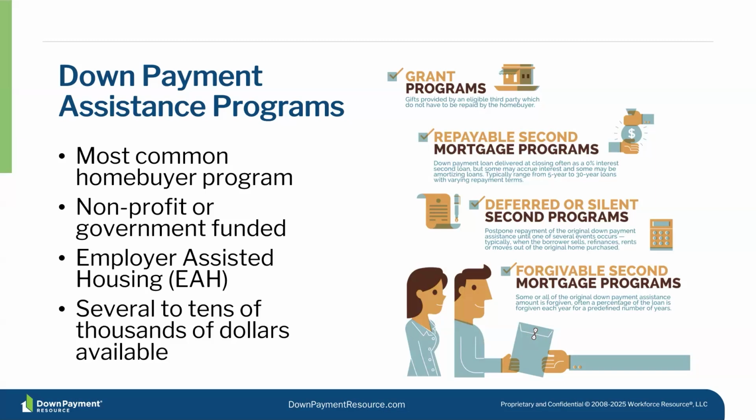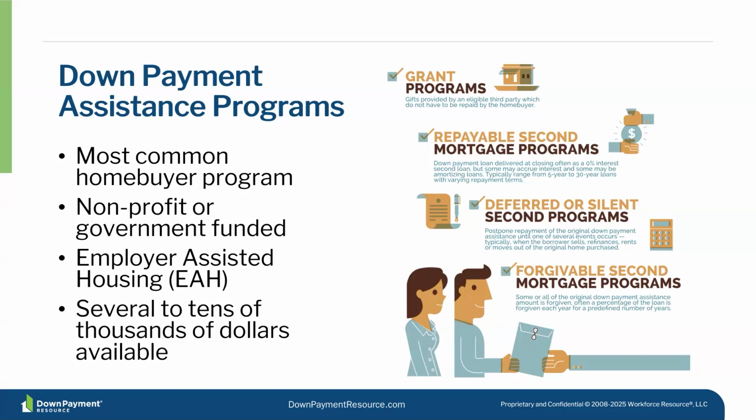Then there are deferred or silent seconds, and repayment of the original amount on these is postponed until one of several events occurs. Commonly, it's when the borrower sells or refinances the mortgage, or there's a change in occupancy, meaning that they no longer occupy the property as their primary residence.